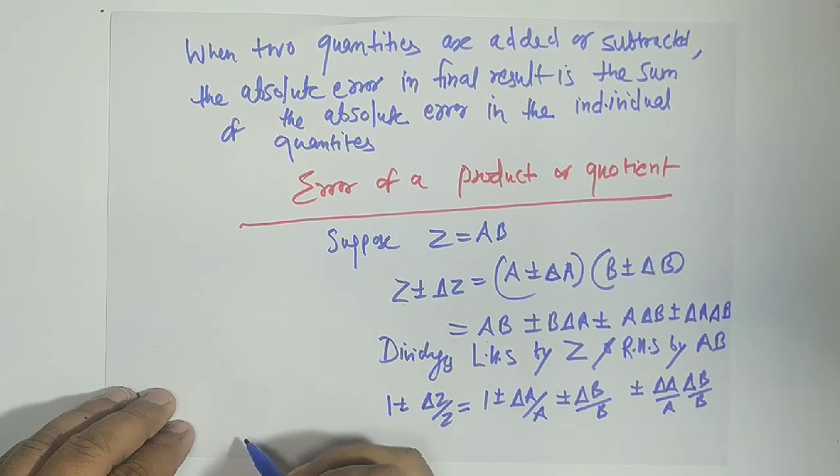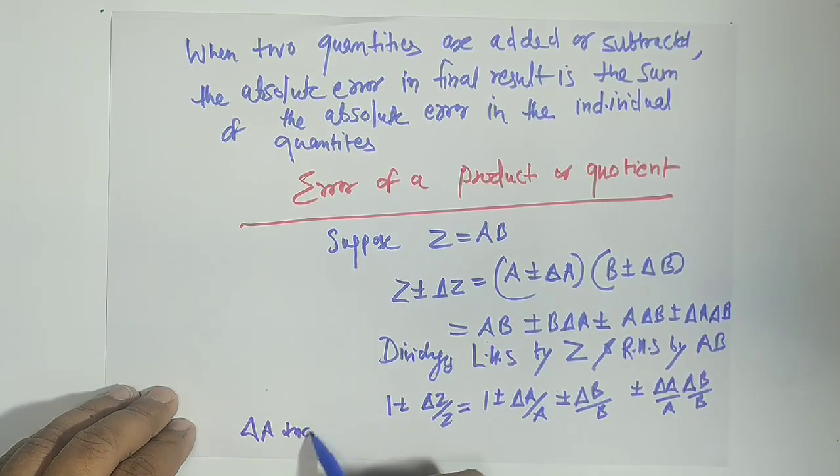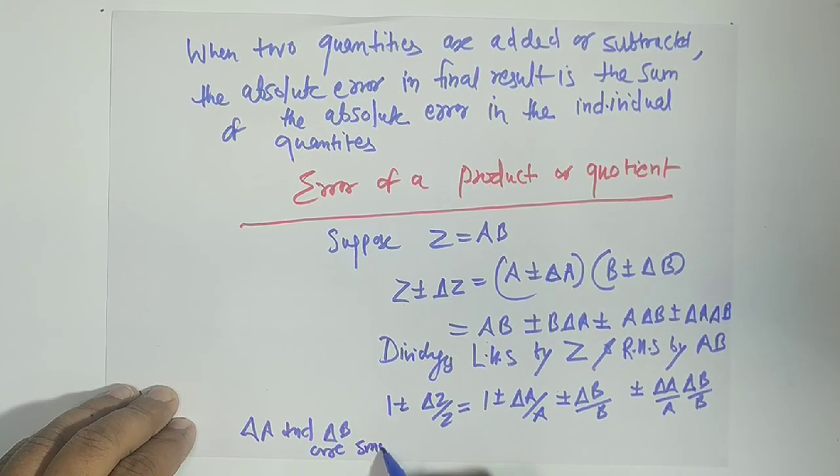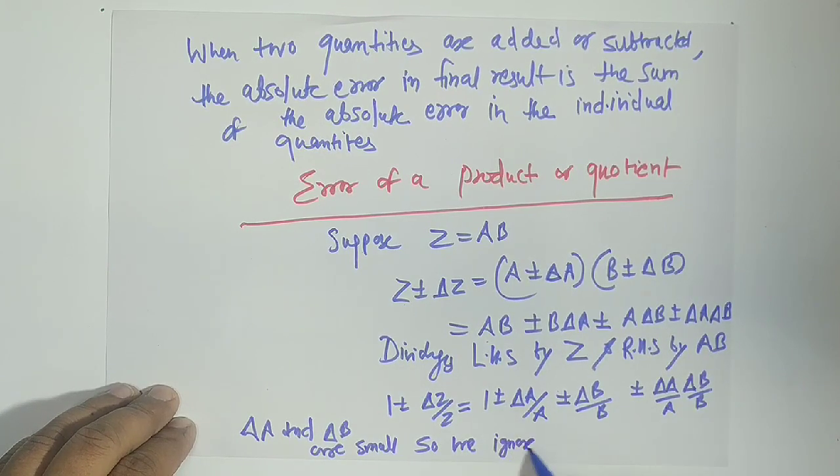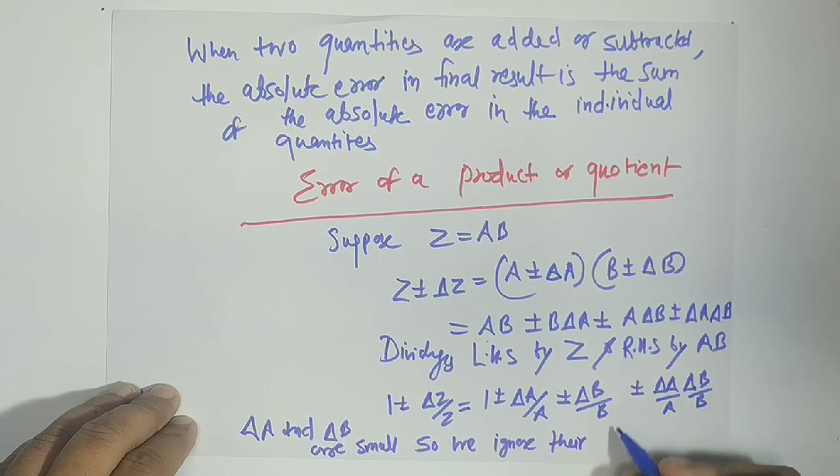And here, delta A and delta B are very small, so we ignore their product. These are the mathematical implications which you will go through later on.